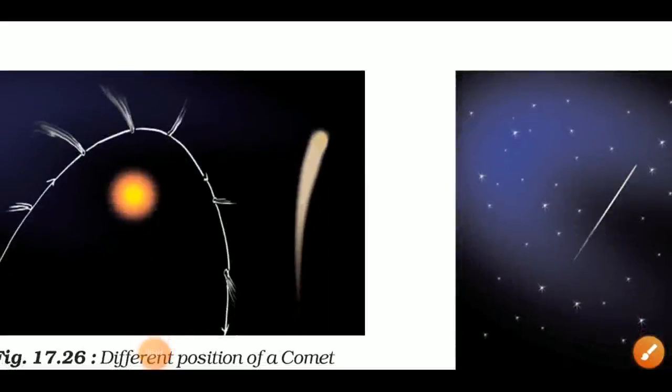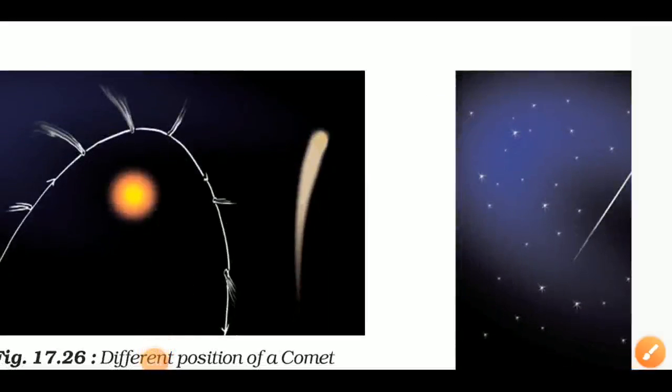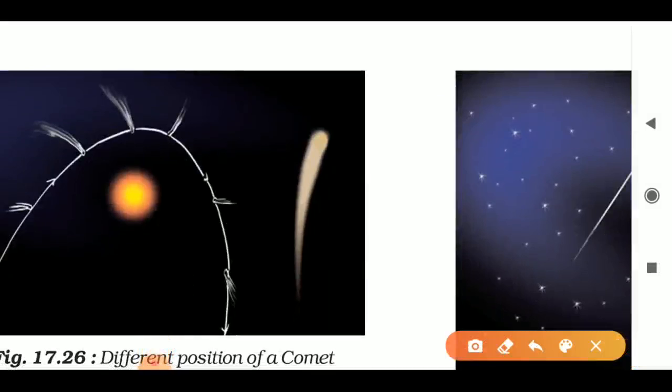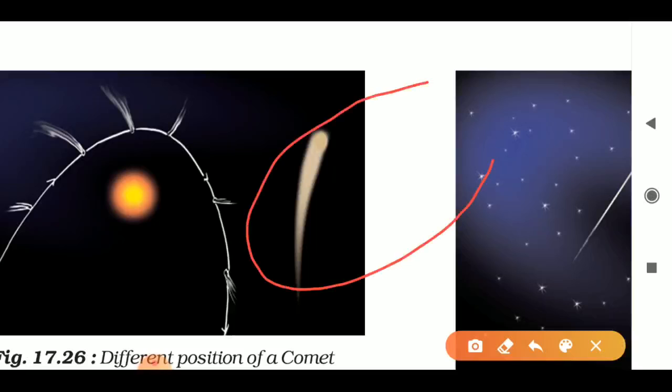This is a comet, and an ellipse is like this. For example, this is the sun, and the ellipse is like this path. Okay, this is an ellipse. Its path is not like the ordinary path of these planets. So its orbiting path is an elliptical shape.